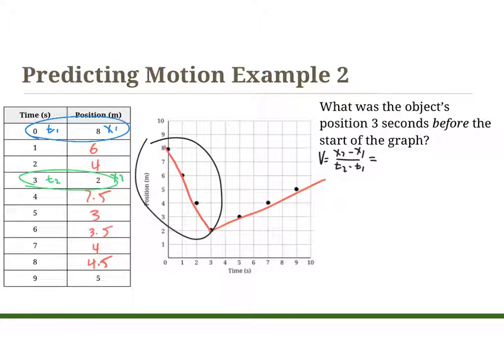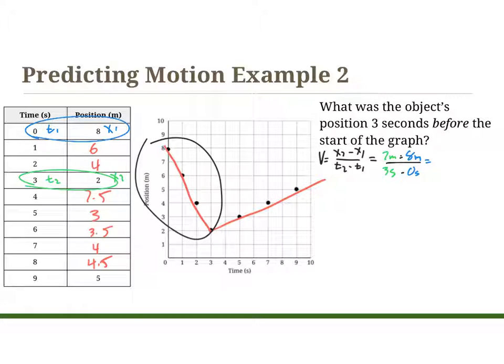So when I fill these values in, I'm going to take my x2, which is 2 meters, over 3 seconds, and my x1, which is 8 meters, over 0 seconds.